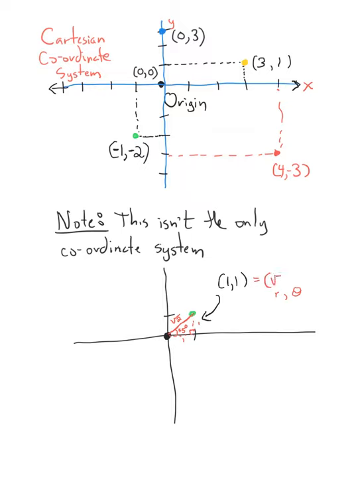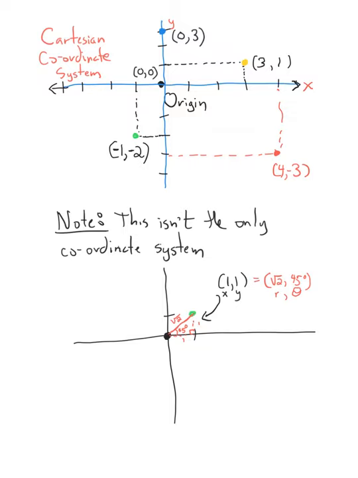So the length is square root 2, and the angle is 45 degrees. In the rectangular or Cartesian system, it's how far you travel in the horizontal or x direction, and then how far you travel in the vertical or y direction.